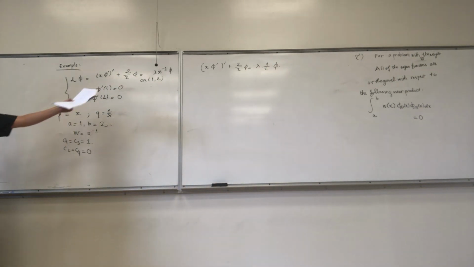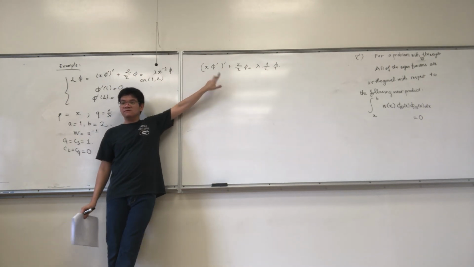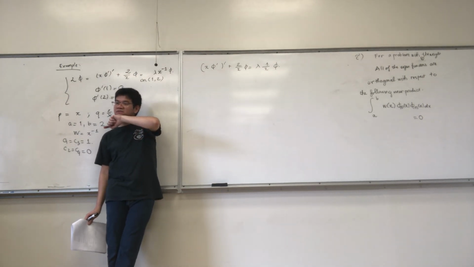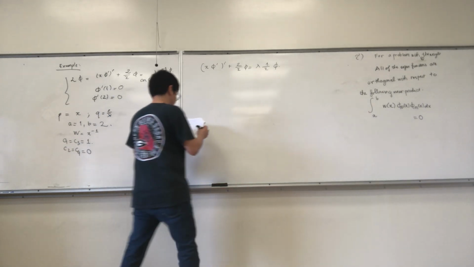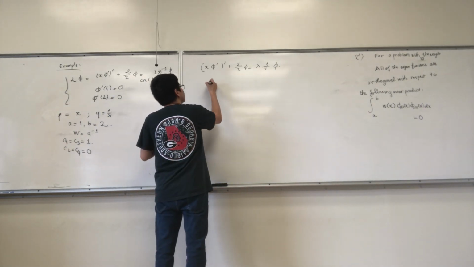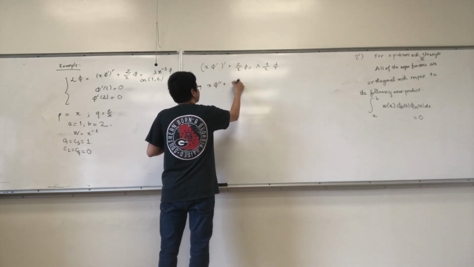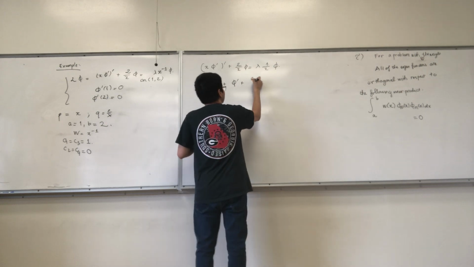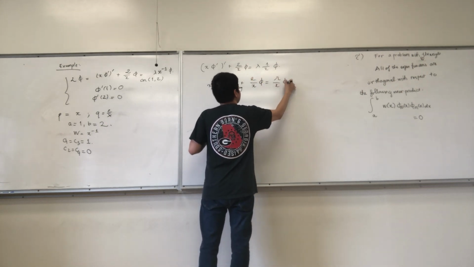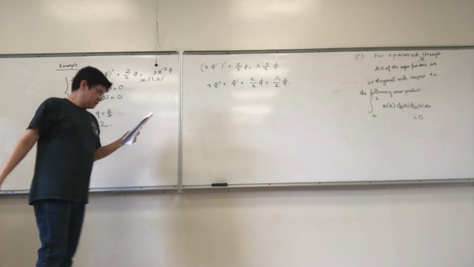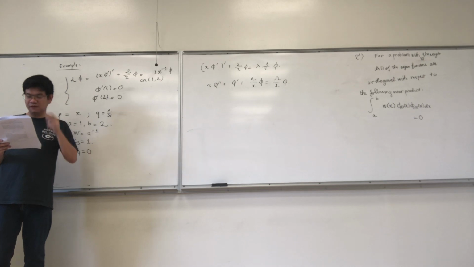When I expand this guy, what is this derivative? Yes? X phi double prime plus phi prime. So you're gonna have x phi second plus phi prime plus 2 over x phi, and this is lambda over x phi. All right? Questions?